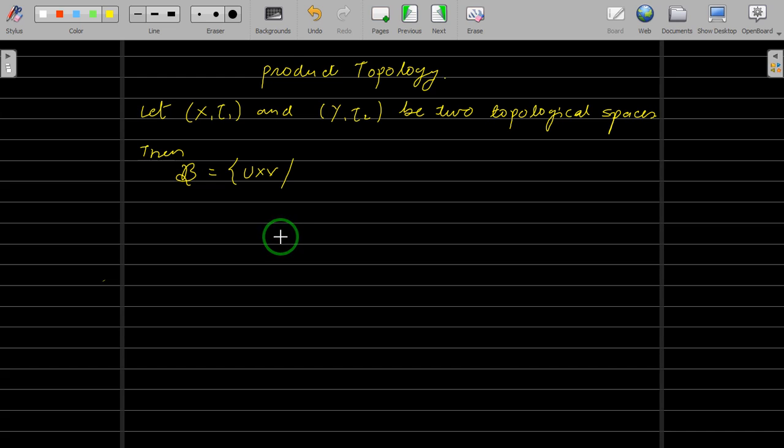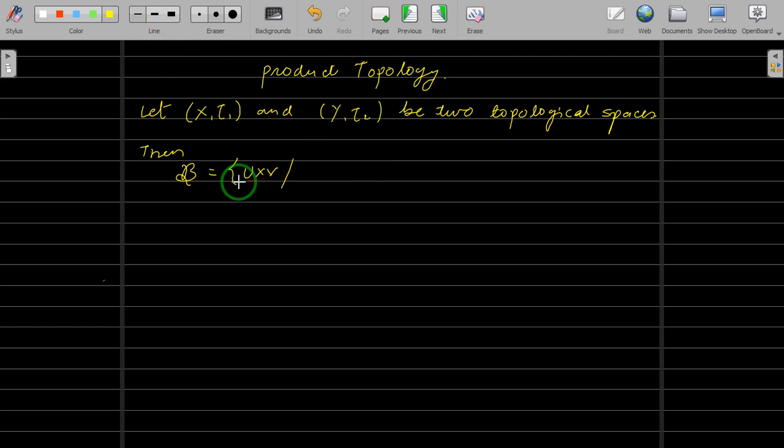Check how the Cartesian product is defined, how you can write it, and how you will draw the diagram of a Cartesian product. For example, you can take a subset of R cross R. Of course, it will be an ordered pair: one point is from here, the second point is from here, and we write this x comma y. Check how to draw the diagrams for some sets. Take different sets and draw the diagrams. That exercise you can do.